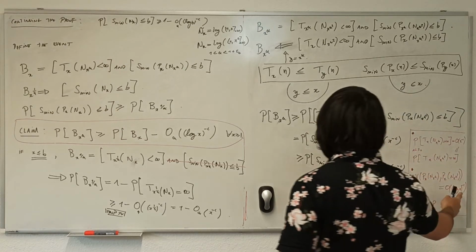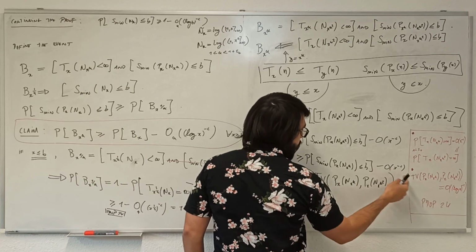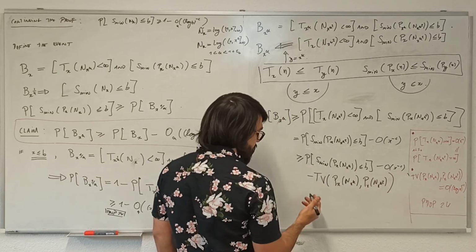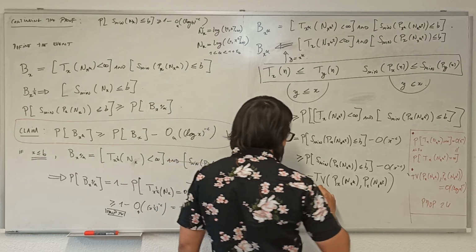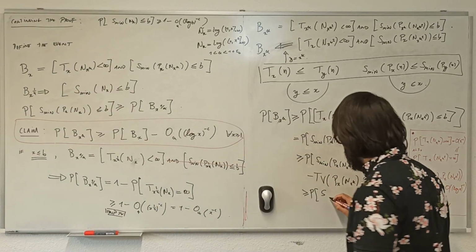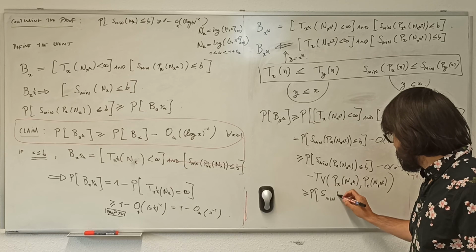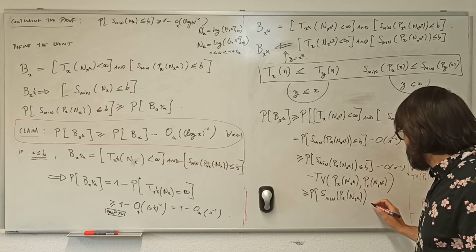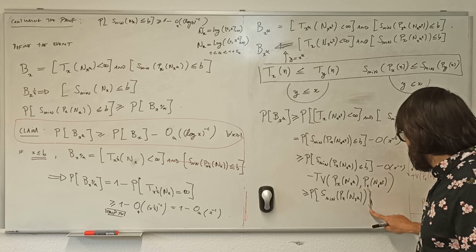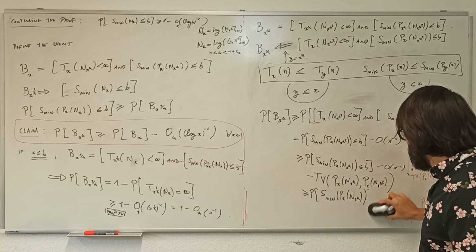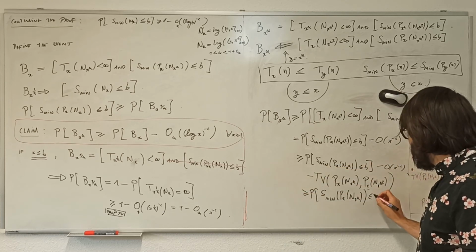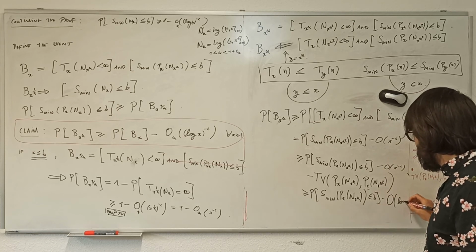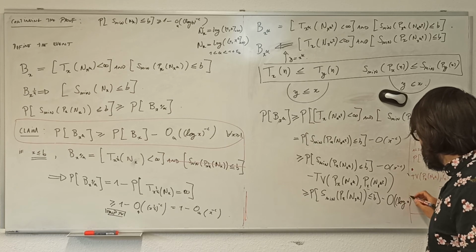And this is O of log, which can absorb this O of x to the minus c anyway. So this will be greater or equal than the probability of S min of px x to the n alpha, less or equal than b minus O of log of x to the minus c.